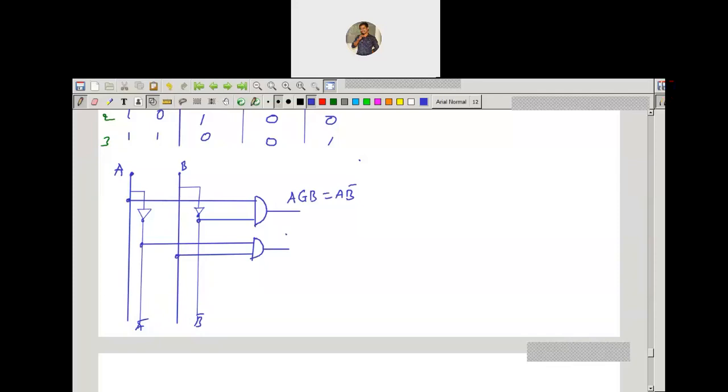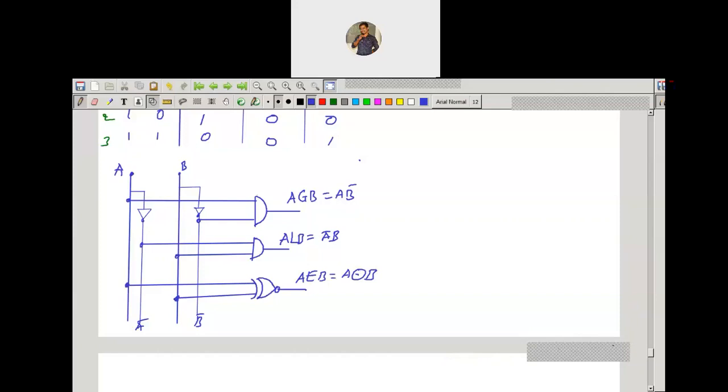This one is A less than B, A bar B. Now coming to the third case, A equal to B, that is A XNOR B. We need one XNOR gate here with the inputs A and B. This one is A equal to B, that equals A XNOR B.